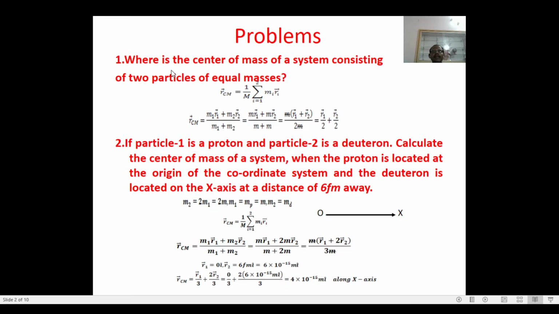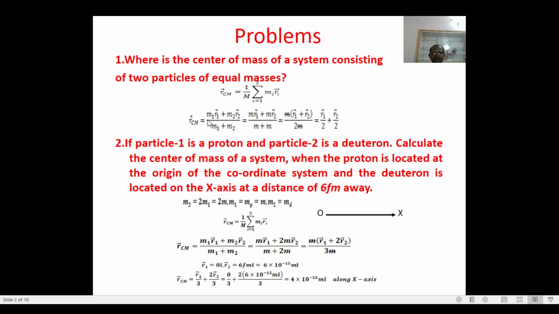Number 1. Where is the center of mass of a system consisting of two particles of equal masses? The position vector of center of mass is 1 by M sigma i equals 1 to n m_i r_i vector. Here n is equal to 2 for two particles.